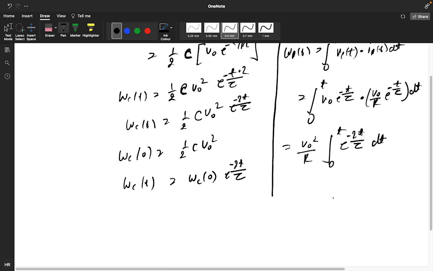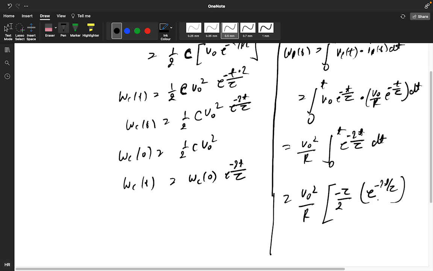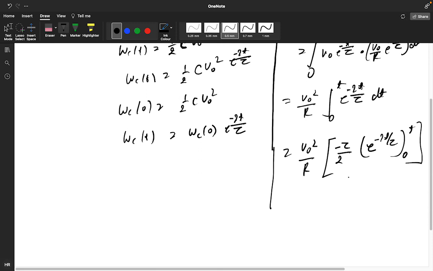Now solve this equation. V naught square by R, minus tau by 2 e power minus 2t by tau, from 0 to t. Instead of tau, I am writing RC.